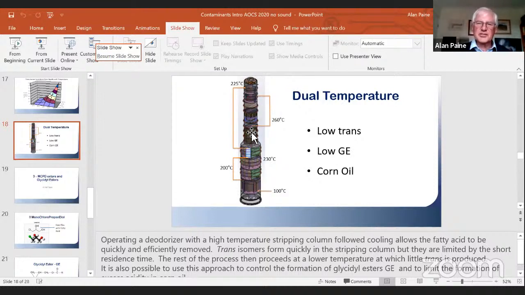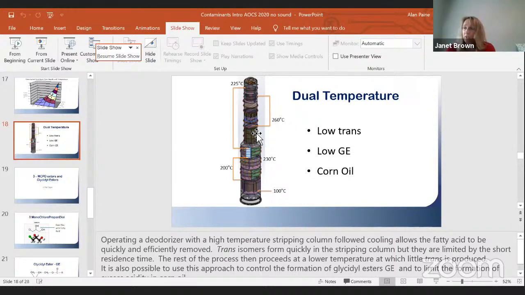Then the fatty acid is stripped in this packed column, and after it comes out it is cooled down, so that the rest of the deodorization takes place at a lower temperature where less trans can be formed. You can calculate how much trans is going to be formed and how much deodorizing you'll do in this section. It's a relatively well understood process. Good.